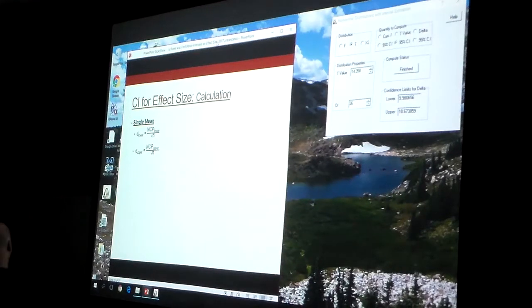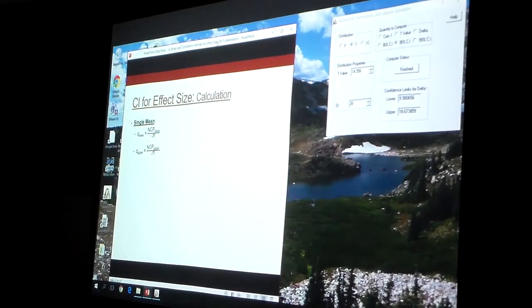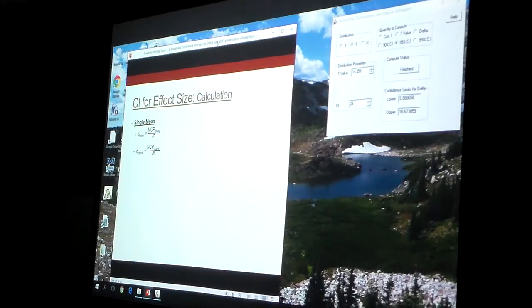So all I need to do is, someone tell me what my lower is? 9.981 over square root 27. Where do I get there?